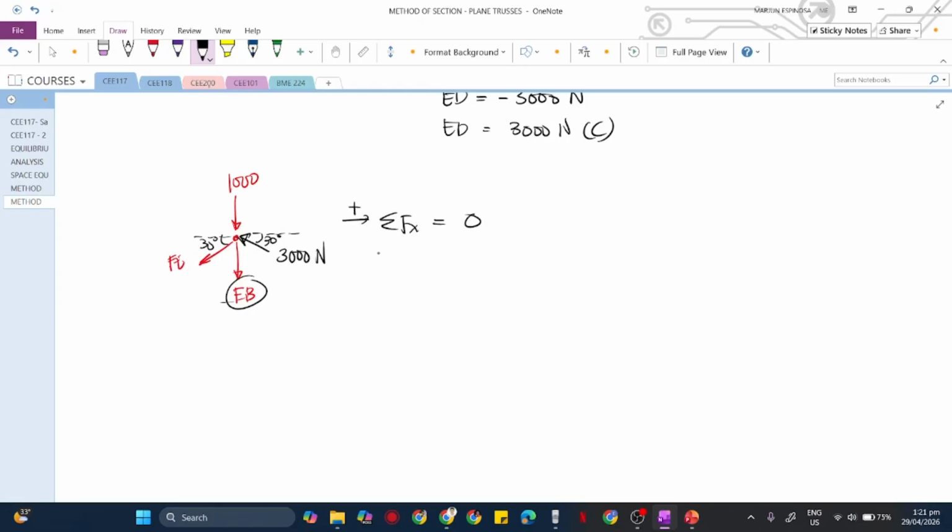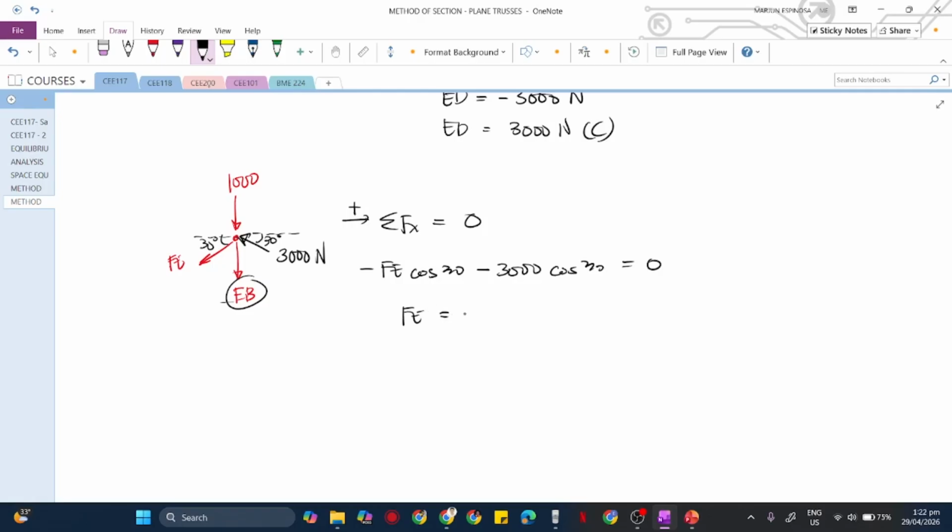Positive yung magiging direction natin for right. So, therefore, yung FE is negative yan. Negative FE, that is cosine of 30. Okay, add natin yan. So, itong 3,000, that is negative also kasi going in the right direction. Cosine of 30 din yan ulit. And then that is equivalent to 0. Tama ba? So what is the value of our FE?